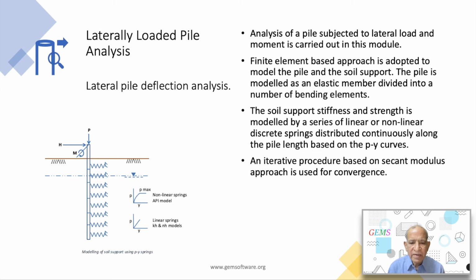In sand layer, API nonlinear model and bilinear model based on horizontal subgrade reaction Ks equal to NH into Z are available. In weak rock, Rees nonlinear model is available. In strong rock, Turner's bilinear model and horizontal subgrade reaction based on KH are used.